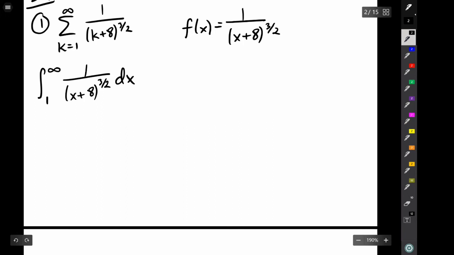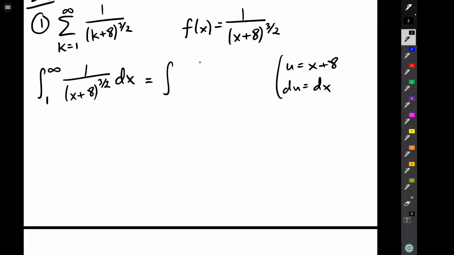Right? So we want to compute this. First things first, we can't really deal with this as it is, so we want to do a u substitution here. u equals x plus 8, and then du is simply dx. Right? So this is going to be 1 over u to the 3 halves du.